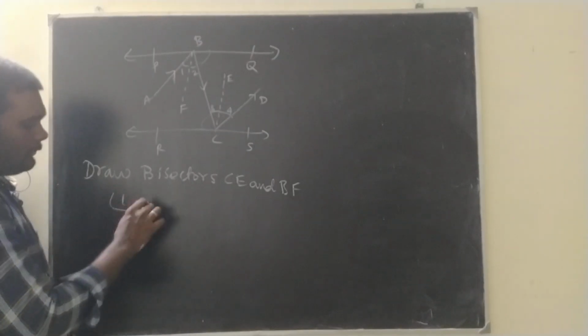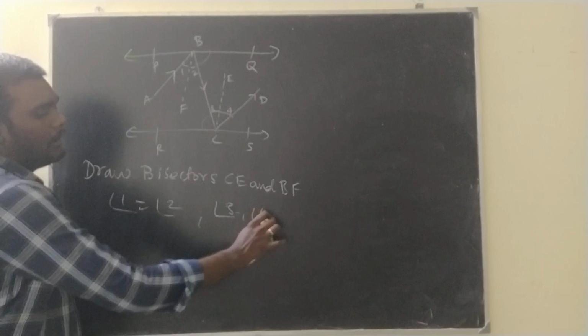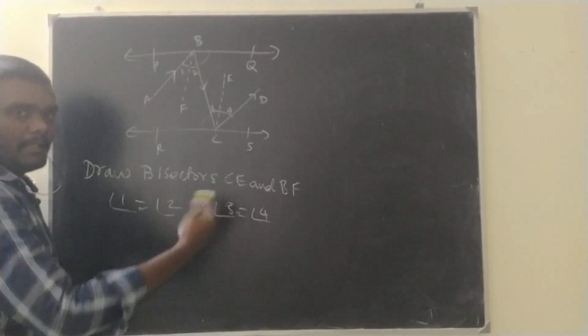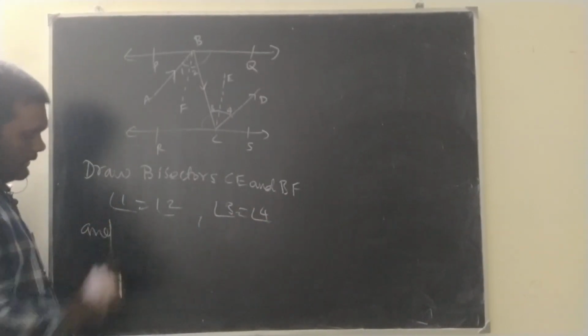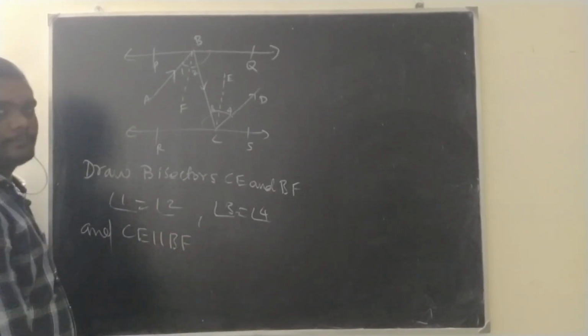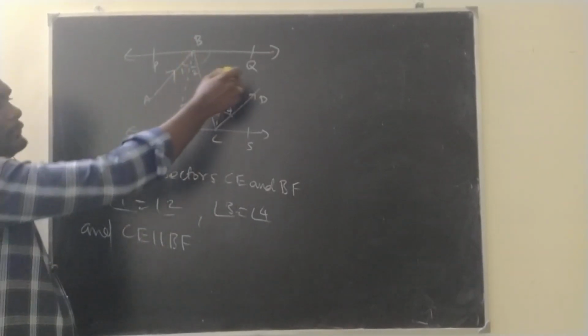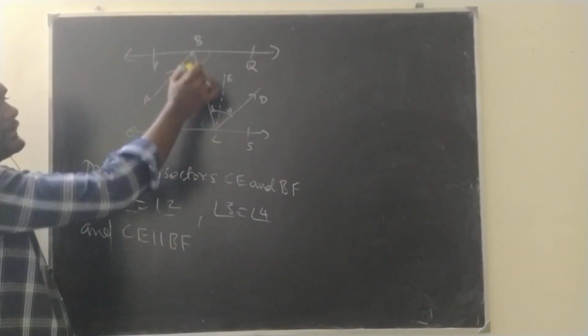So that makes angle 1 equal to angle 2, angle 3 equal to angle 4, since they are bisectors. And since CE is parallel to BF, what can you say about these two parallel lines? Which angle is connected?